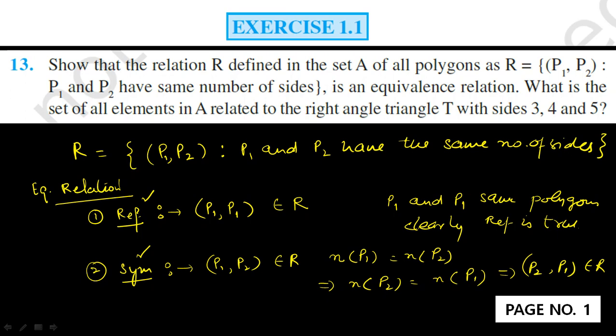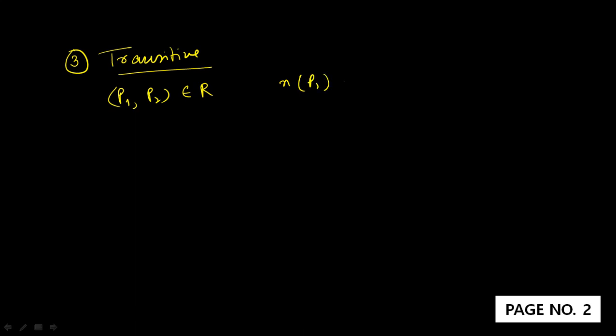Now, two conditions are true. What about the third condition? The third one is transitive nature. Suppose (P1, P2) belongs to R. It means the number of sides of P1 is equal to the number of sides of P2. What about P2 and P3? If it belongs to R, it means the number of sides of P2 is equal to the number of sides of P3.